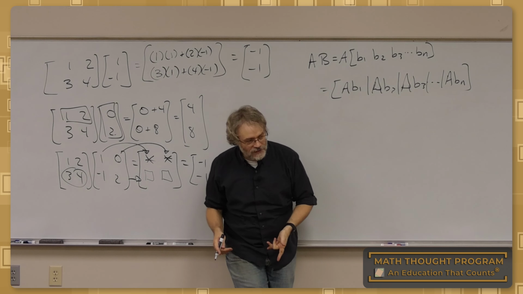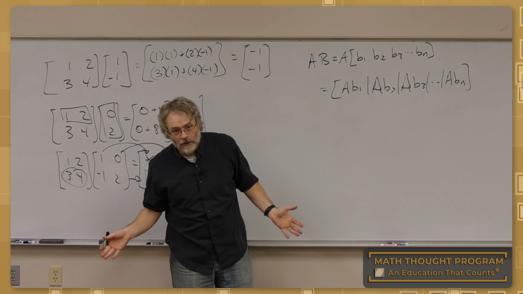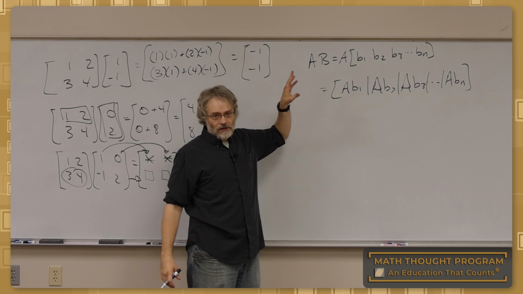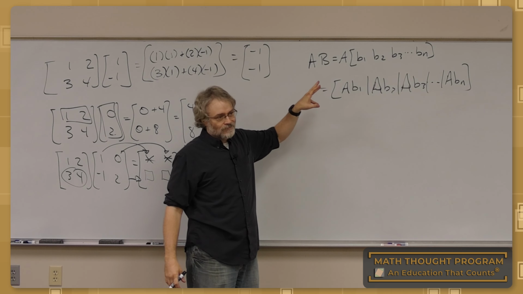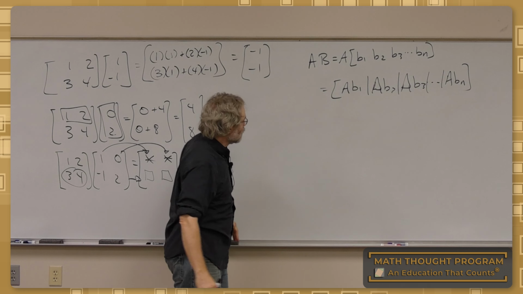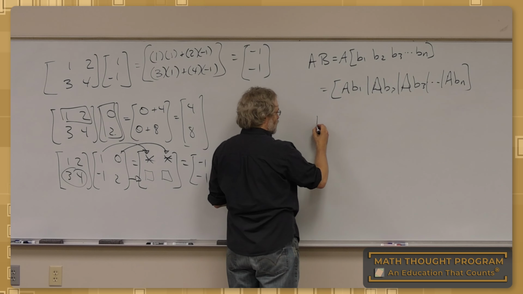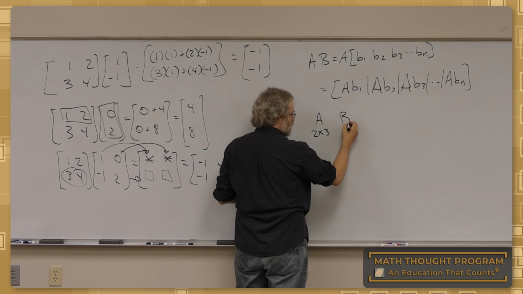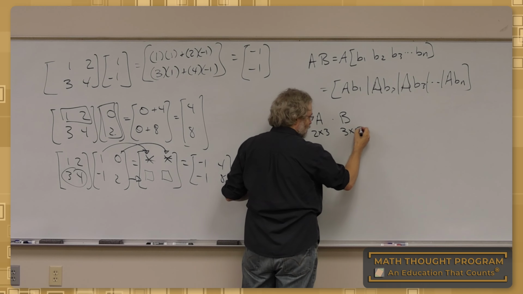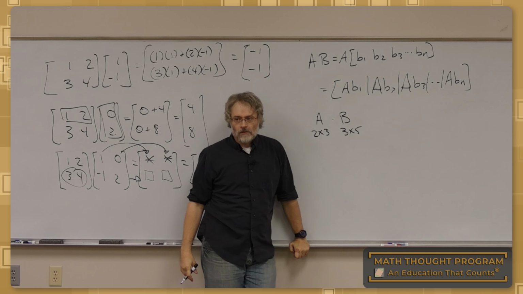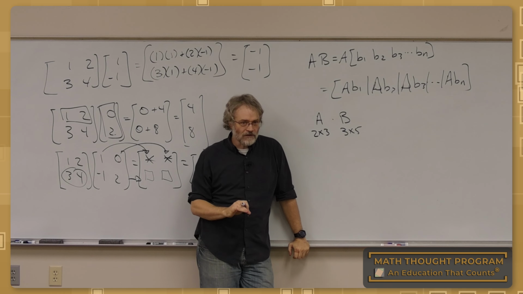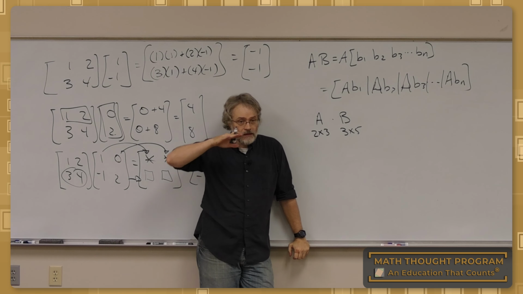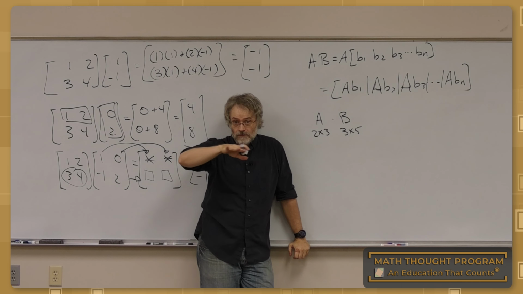Okay, now, with that said, you can take as many columns as you want. That's fine. But you have to make sure when you're operating on the vectors, they're in the right space in order for this to work out. If you have a matrix A, which is an n by 3, and a matrix B, which is a 3 by 5, this will work out fine because your domain talks about the number of columns.